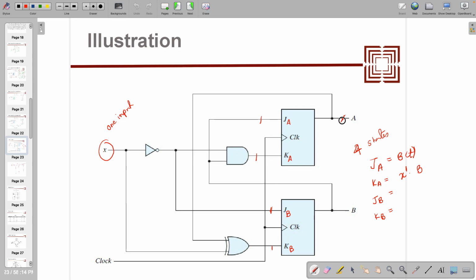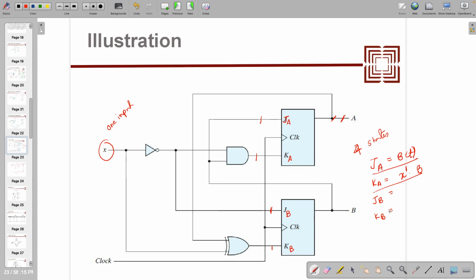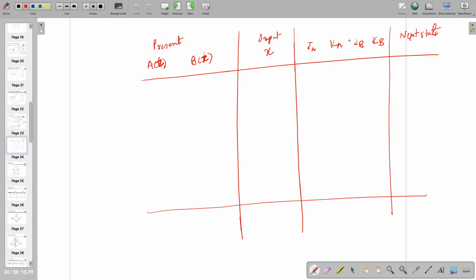Actually, the next state depends on three things: the input to J, K, as well as the present state. How can you know what will be the value of the present state? So you need to look at the state table, not the excitation table. So for the given present state combination and through these equations which you found out, JA, KA, JB, KB, you feed it over here, find out those values, and on those values derive the next states.